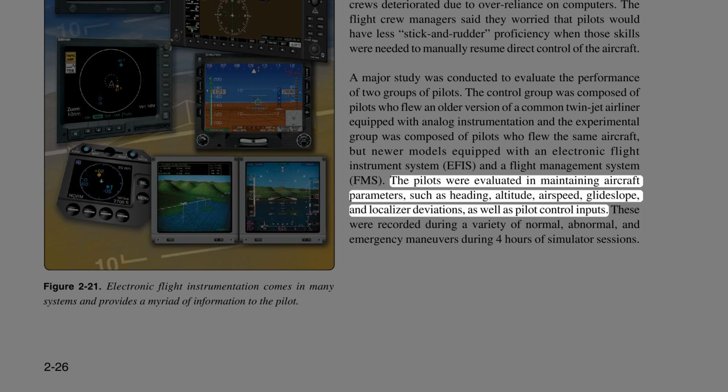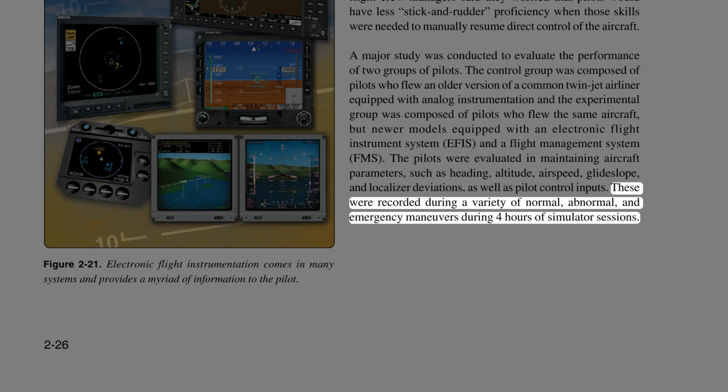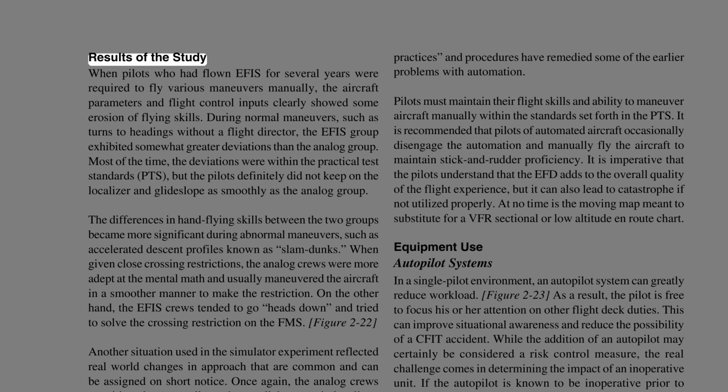The pilots were evaluated in maintaining aircraft parameters such as heading, altitude, airspeed, glide slope, and localizer deviations, as well as pilot control inputs. These were recorded during a variety of normal, abnormal, and emergency maneuvers during 4 hours of simulator sessions. Results of the study?